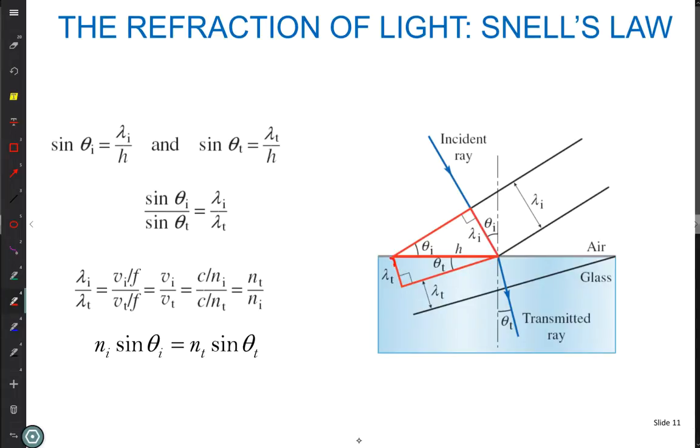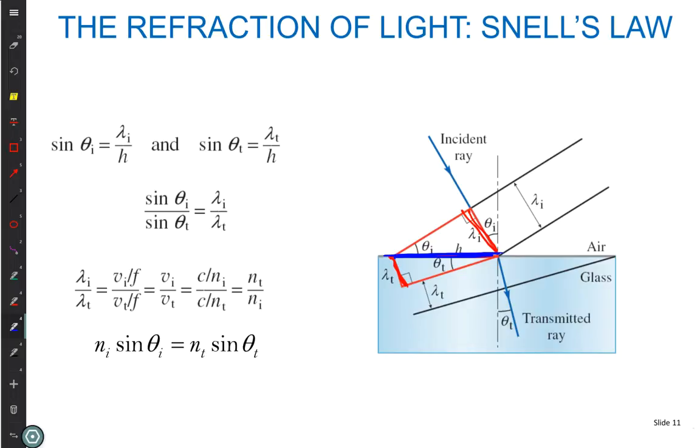I have the wavelength as the opposite side on these two triangles, but different wavelengths, one in air, one in glass. I have a same side here. Let me change the color so it stands out. That's the same for both triangles. But then I have those two angles, theta incidence and theta transmitted.